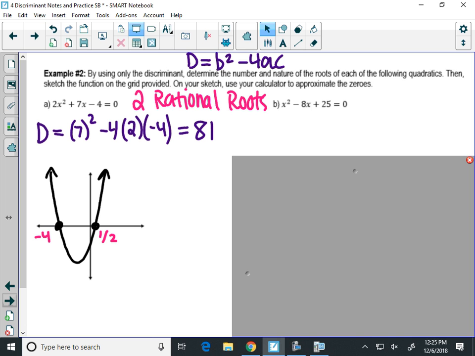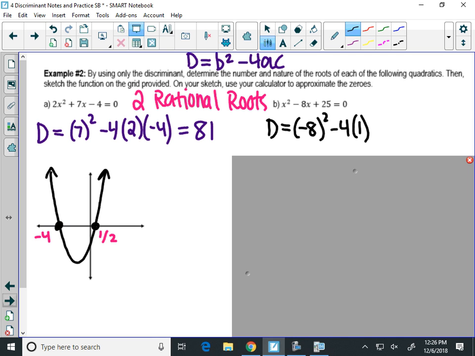Let's calculate the discriminant there, see if we can remember. So I'll have D equals negative 8 squared minus 4 times 1 times 25. Figure out what the discriminant is here.